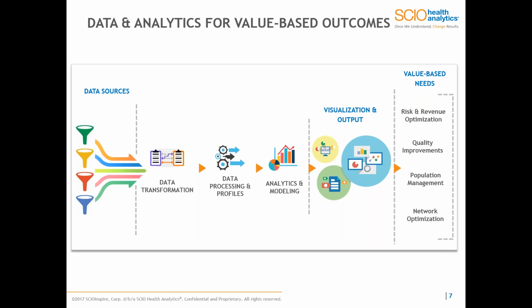And again, this is everything that ranges from the clinical data, the claims data, the socioeconomic data, device data, anything that we can get our hands on that is going to help us create that 360-degree profile of an individual, so that we can calculate and analyze everything that we know about them, so that we can see how we can intervene in order to continue to help improve their overall quality of health.